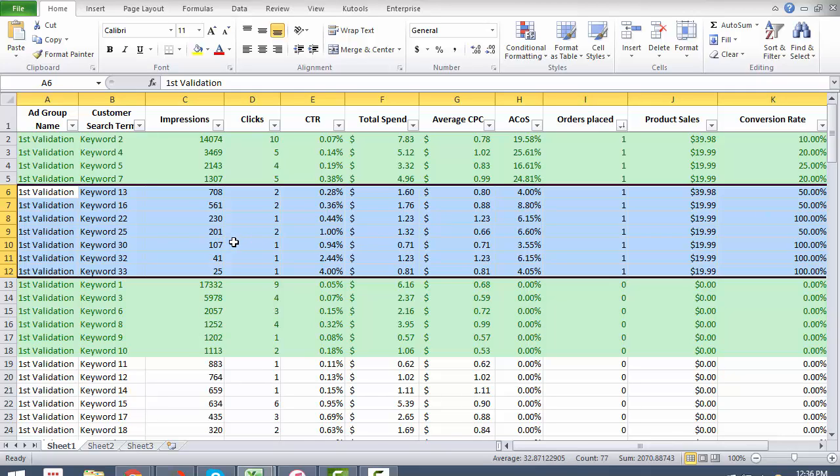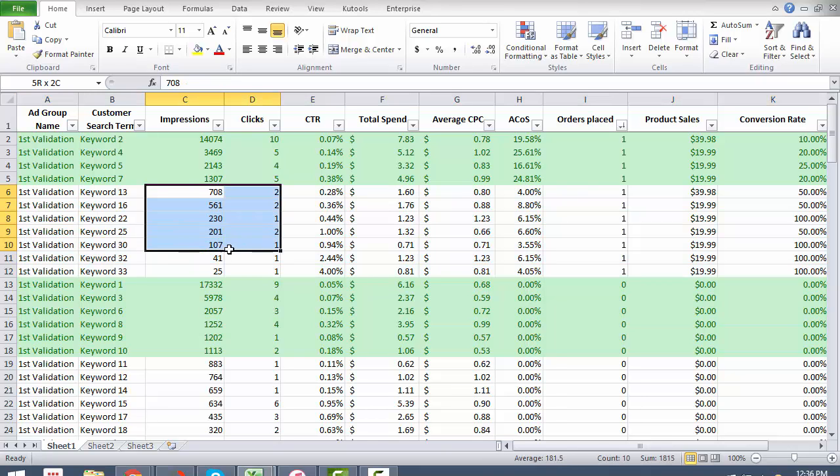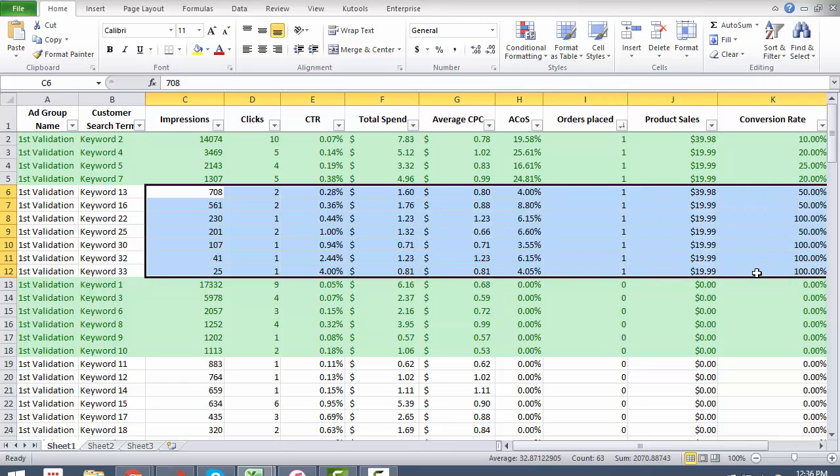So we'll learn more after we collect more data, but these keywords could be keywords that we might want to throw into an exact match campaign and ramp up the daily budget to see what these keywords can provide for our product. We could get some insane conversion rates, some insane percentages in the ACoS, and make a lot of profit with these keywords, potentially, based on this premature data that we have so far.